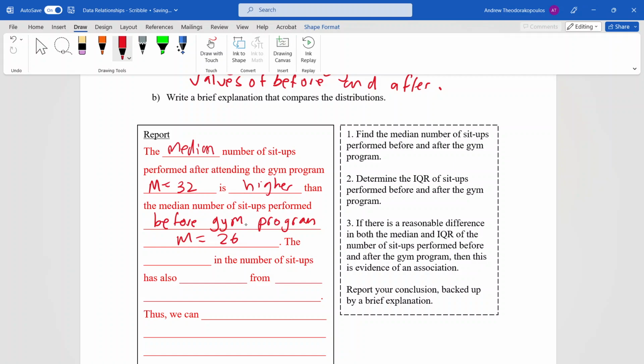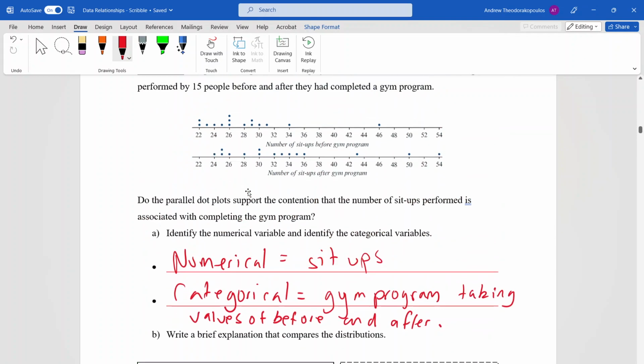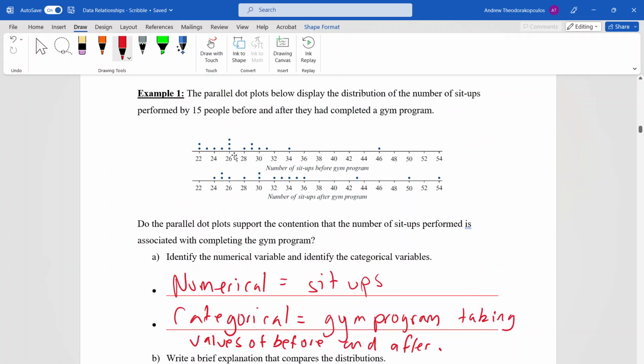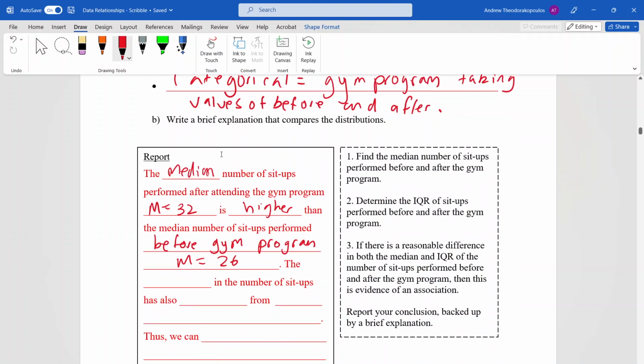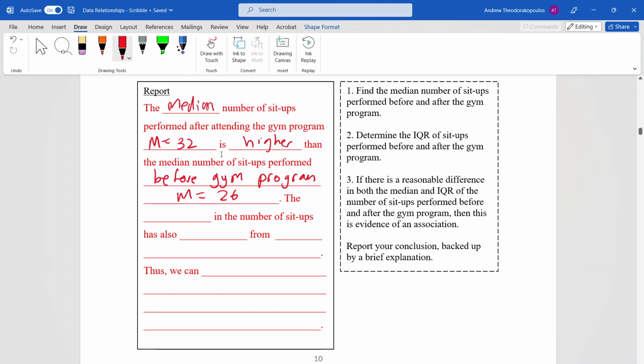Then we want to determine the IQR of the sit-ups performed before and after the gym program. So looking here, up here, we can work them out. It is going to take a bit of time, but you all know how to work out the IQR and the median from these dot plots or from this data. So the IQR, or the variability, is what we're talking about when we say IQR, variability, in the number of sit-ups has also increased.